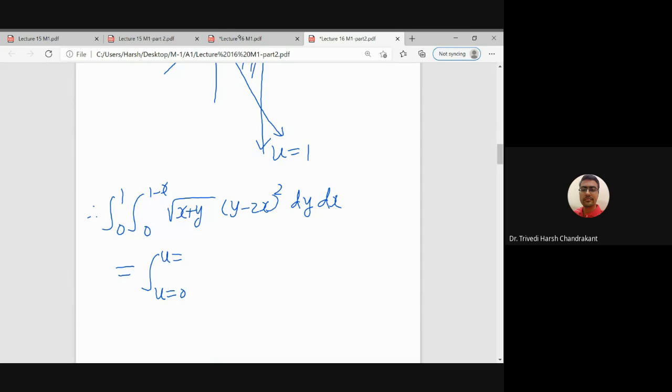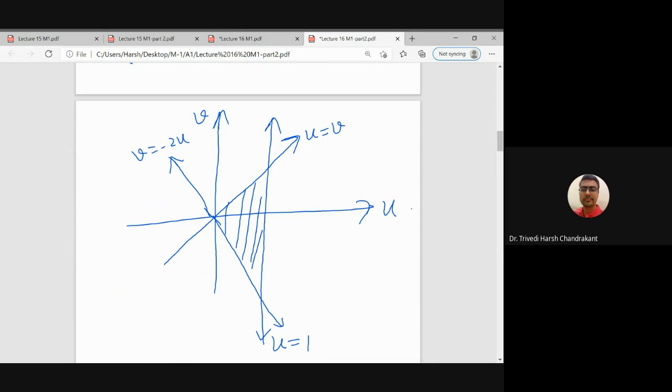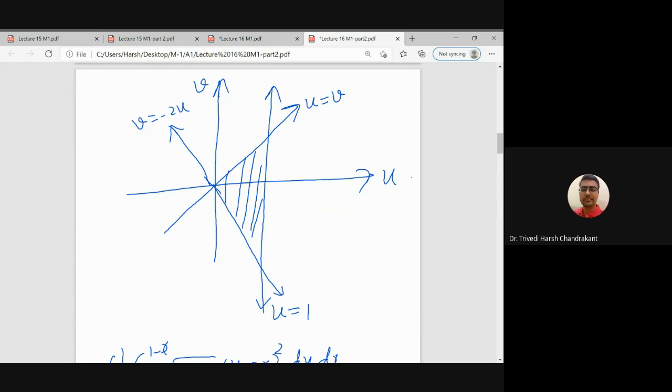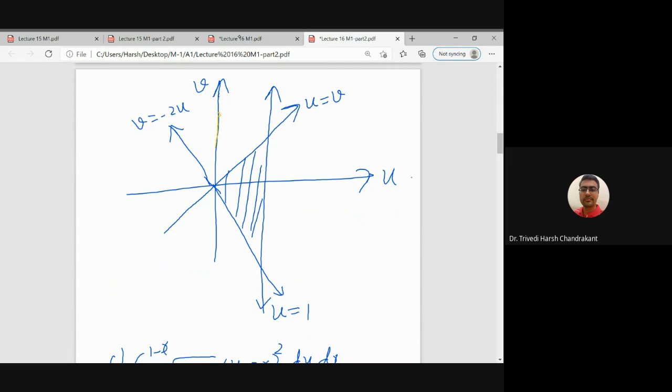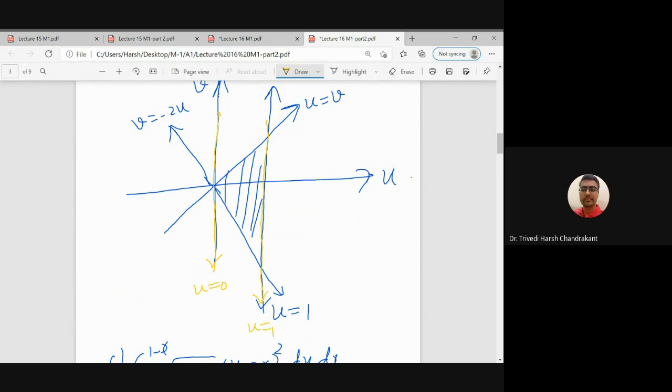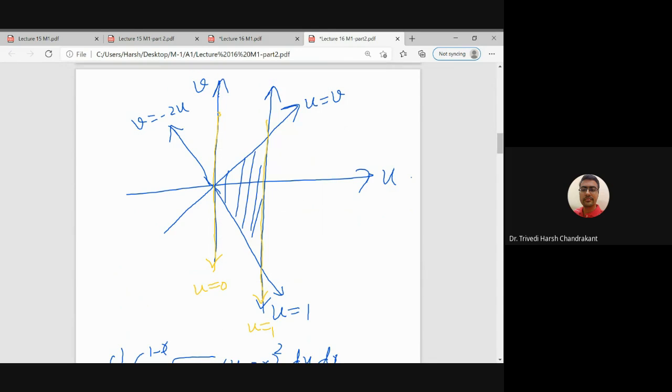The constant limit of u is between u equals 0, that is the v axis, to u equals 1. Now we are applying this stronger version of the Fubini theorem.